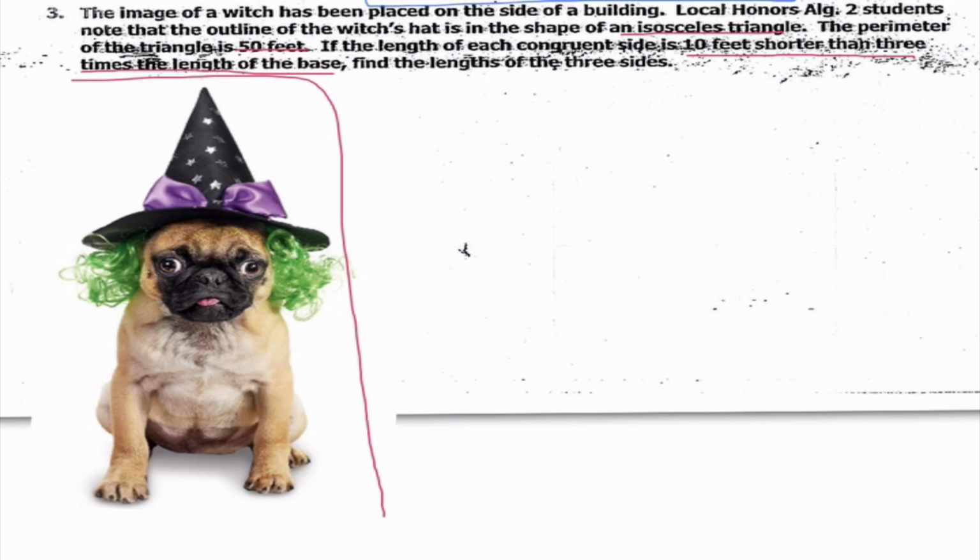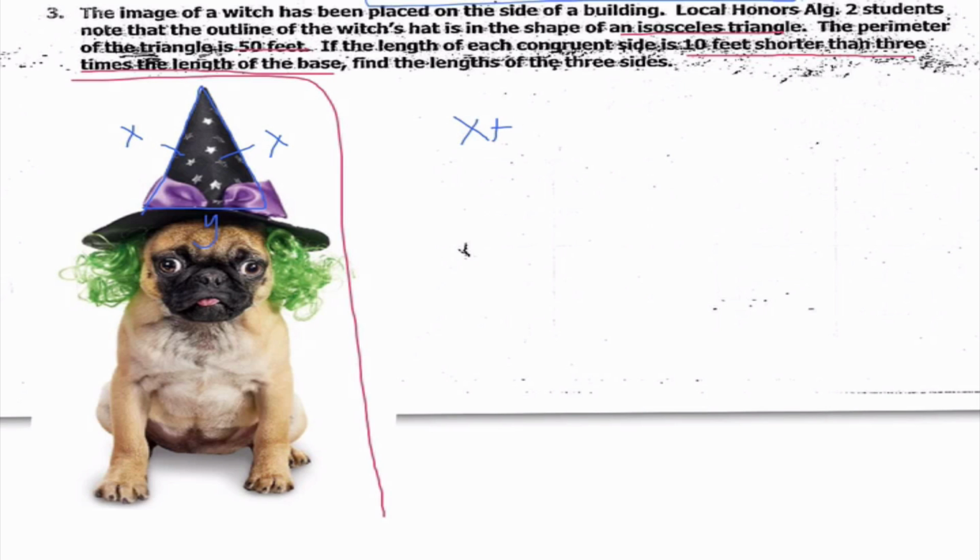So some things we know: isosceles triangles have 2 sides that are congruent. So we're going to call those sides x. I'm going to call the other side y. And it actually tells us that the perimeter is 50 feet.